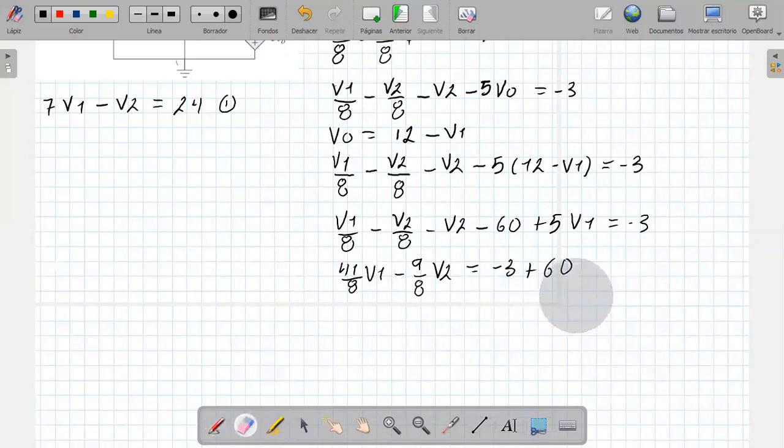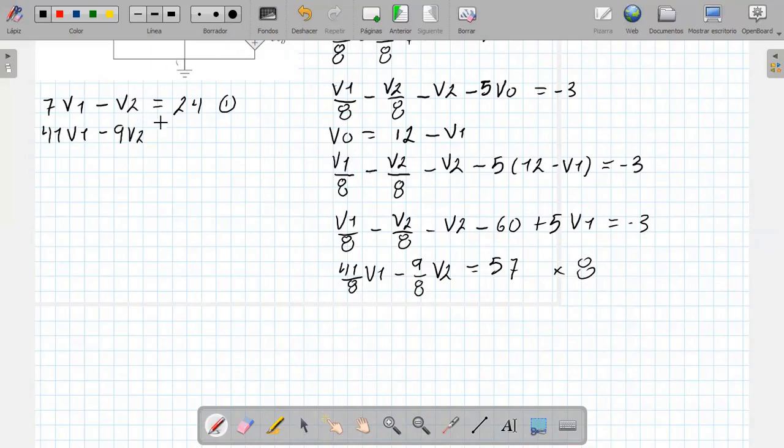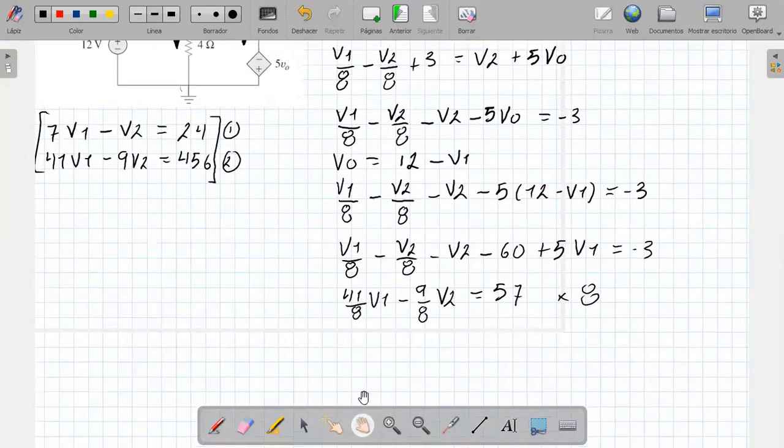Now, negative 3 plus 60 gives me 57. Well, it was multiplied by 8 to eliminate the denominator. I will have 41 B1 minus 9 B2, all of that equal to 456. This would be my equation number 2.